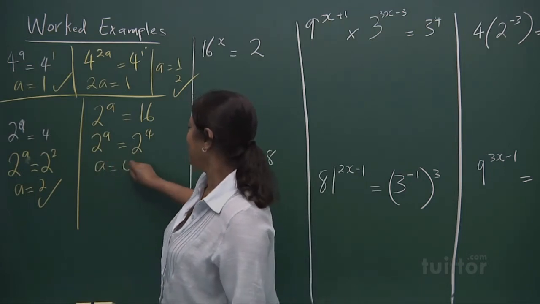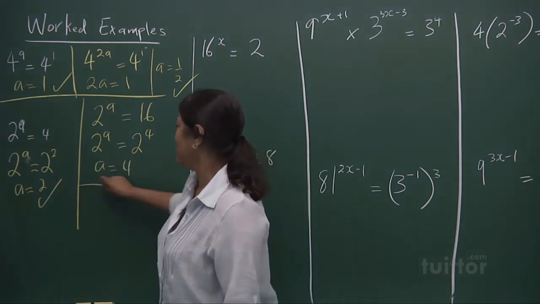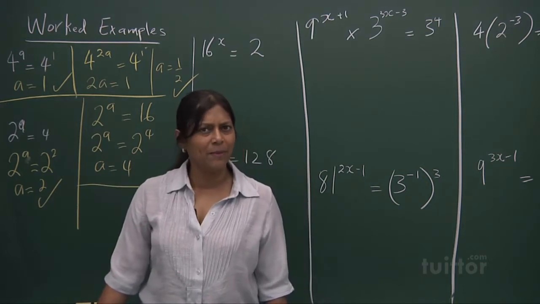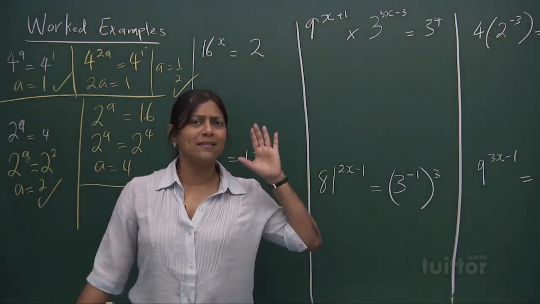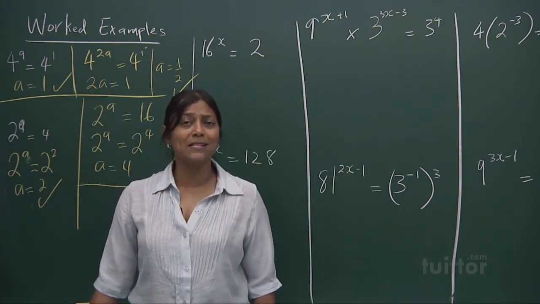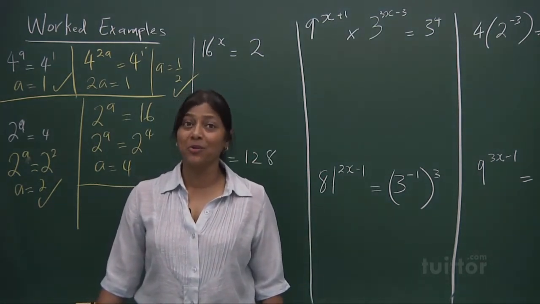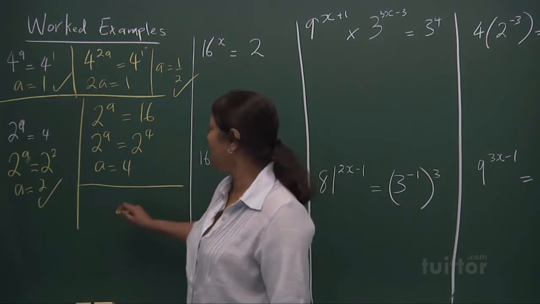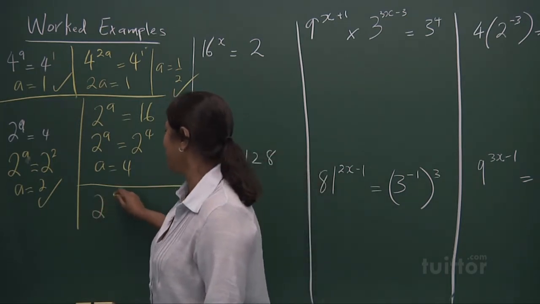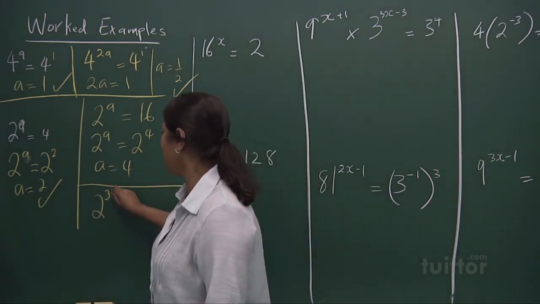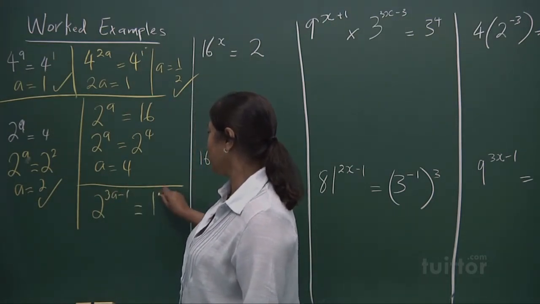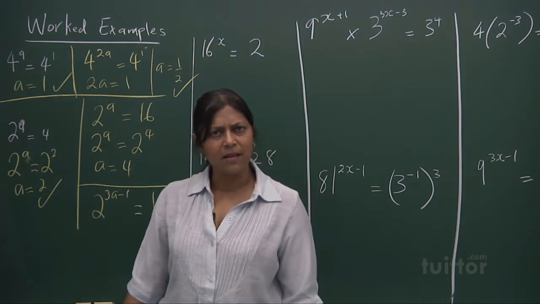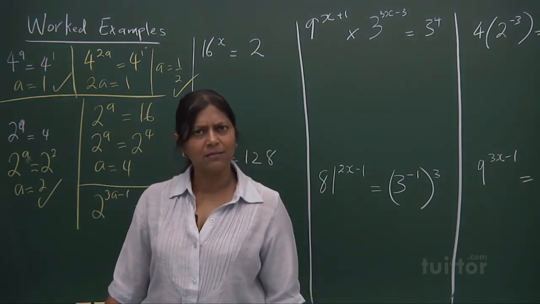Do not get frightened when the sums get a little bit more challenging. You just have to recall indices. The laws of indices will be there to guide you through. Let's look at more examples. If I say 2 to the power of 3A minus 1 is equal to 16, does that make it more difficult?